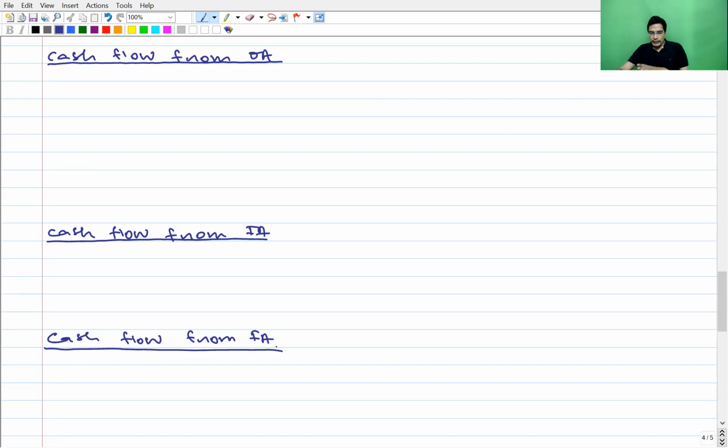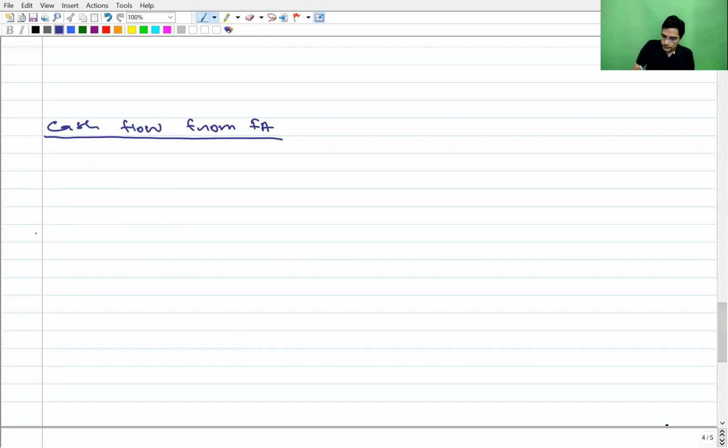So tentatively, I have given the space. Later, I can increase and decrease it at my own wish. So we have net cash flows. With that, we'll add opening CCE and then we'll get closing CCE.